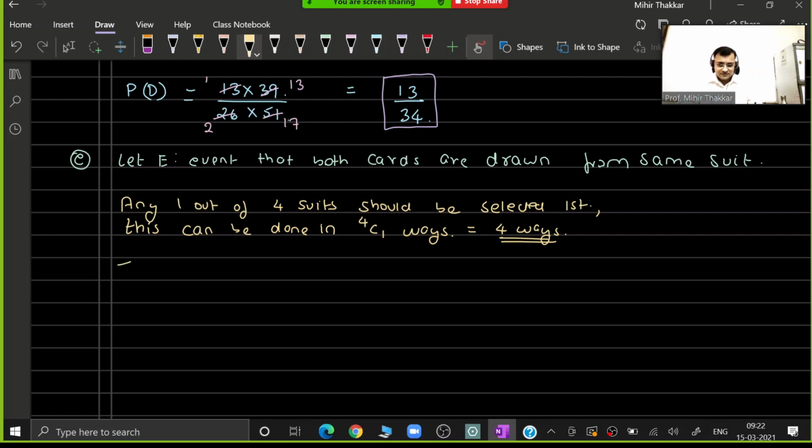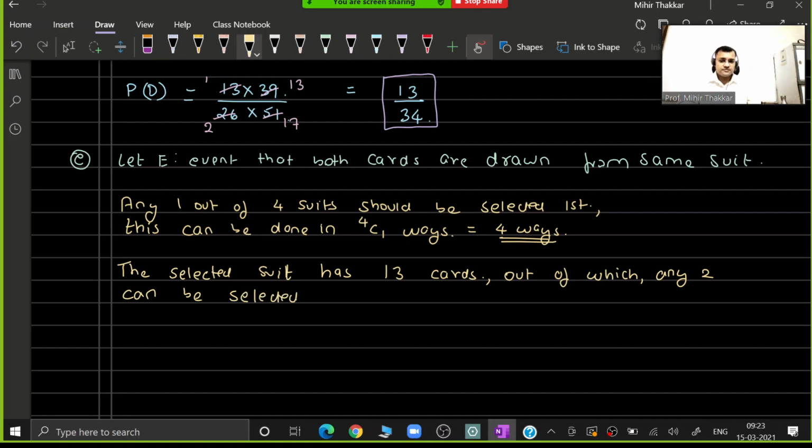Then the selected suit has 13 cards, out of which any 2 can be selected. This can be done in 13C2 ways.